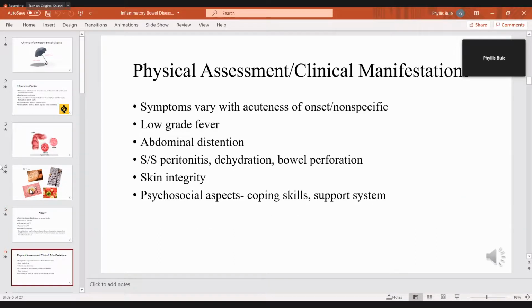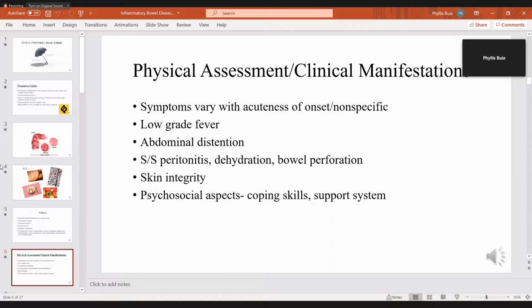So back to what we talked about before, some of the signs and symptoms, it can vary with acuteness of onset, and it can be very nonspecific because they can have a low-grade fever, they can have abdominal distension. Well, those can be related to a lot of things when you think about how many things those signs and symptoms could be related to.